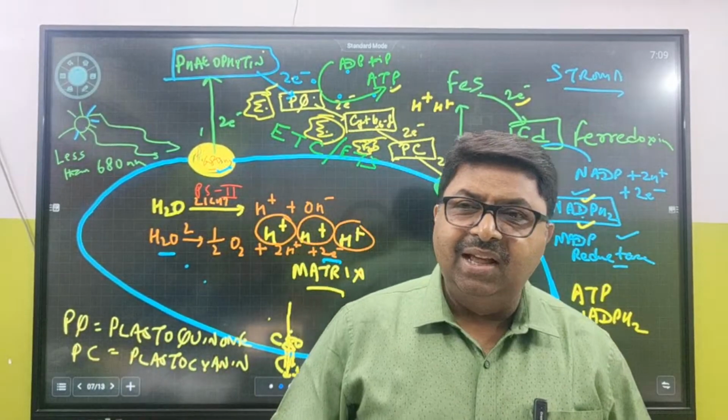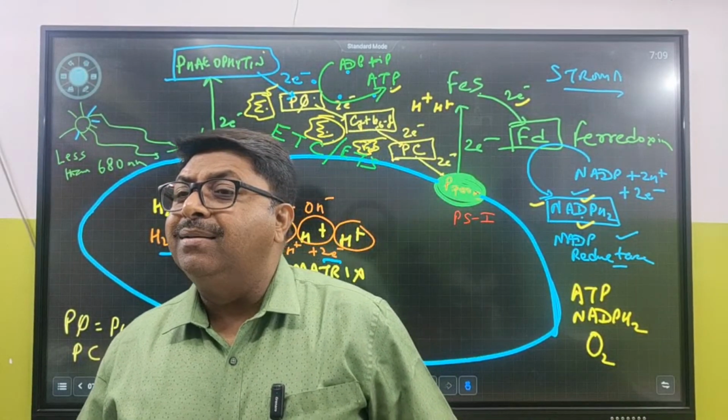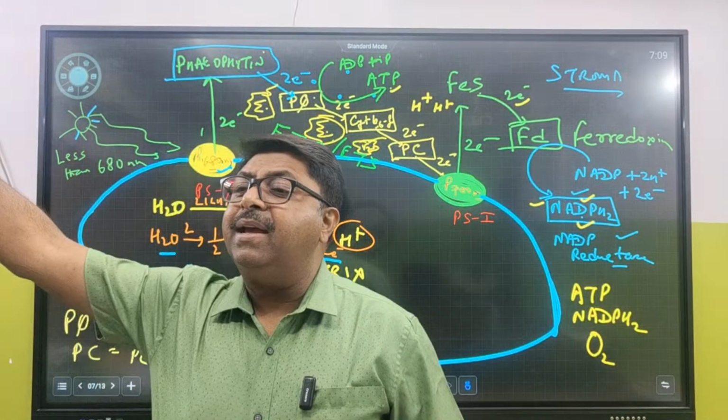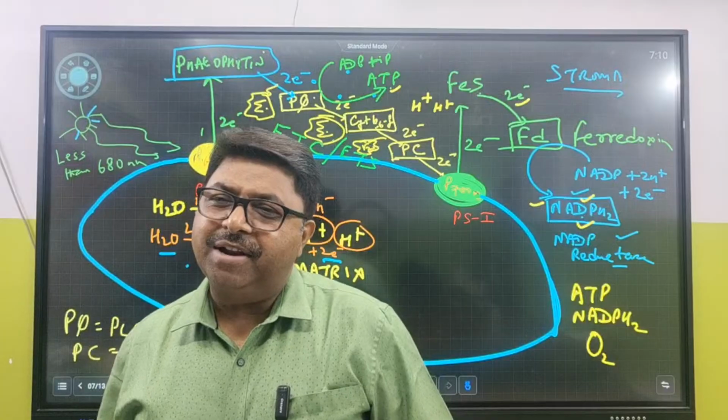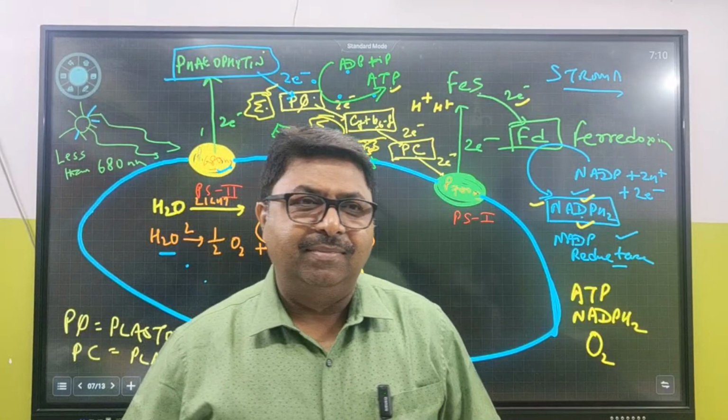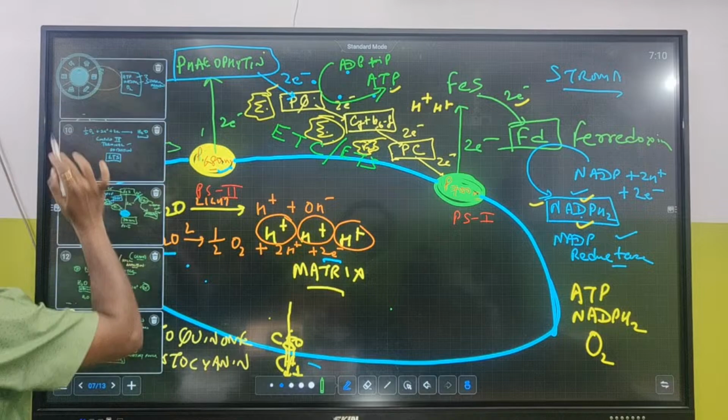Vishal, is this clear? And oxidative phosphorylation is when you get ATP by breaking down NADPH2 and FADH2 inside the electron transport system. Okay, let's move on.